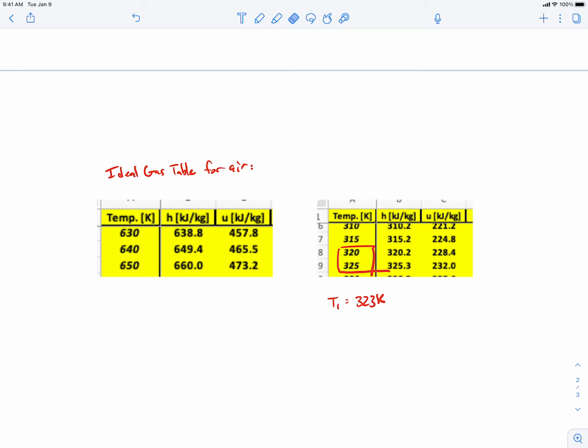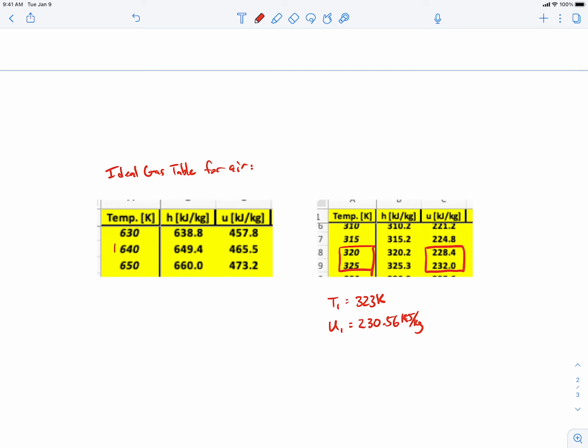Let me just focus on the specific internal energy right there. So I know that my specific internal energy will be between those two values, and I can interpolate to find it. If I do that, you'll find that the U1 comes out to be 230.56 kilojoules per kilogram. So that's just a linear interpolation. I won't go through the steps on that.